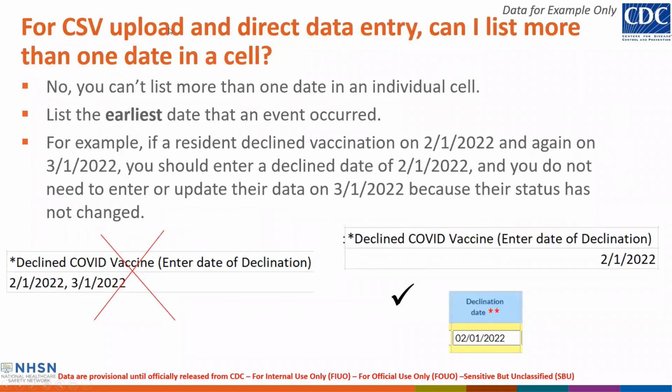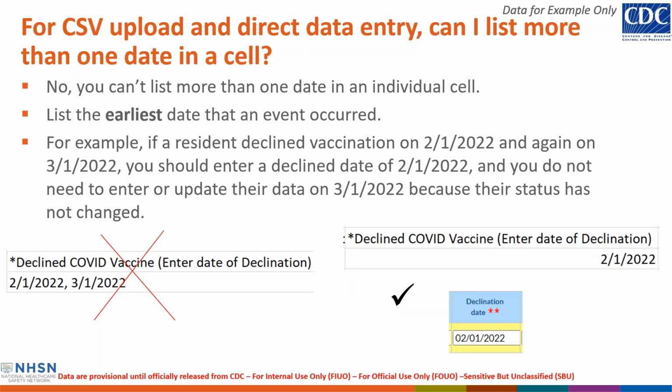And lastly, for CSV upload and also for direct data entry, for the date fields, can I list more than one date in a cell? No, so each cell should contain only one date. So if you're entering via CSV, don't put a comma, just enter the first date, for example, for declination.